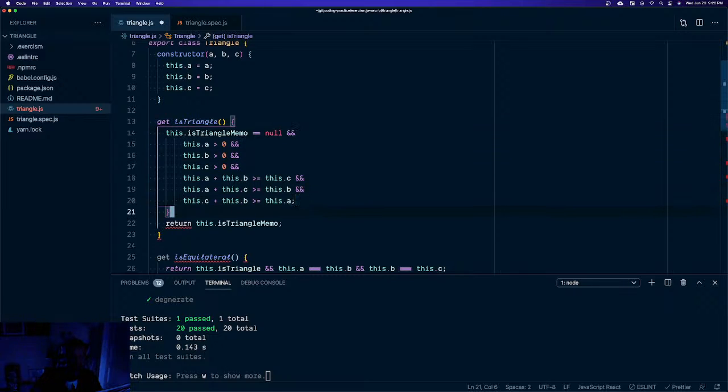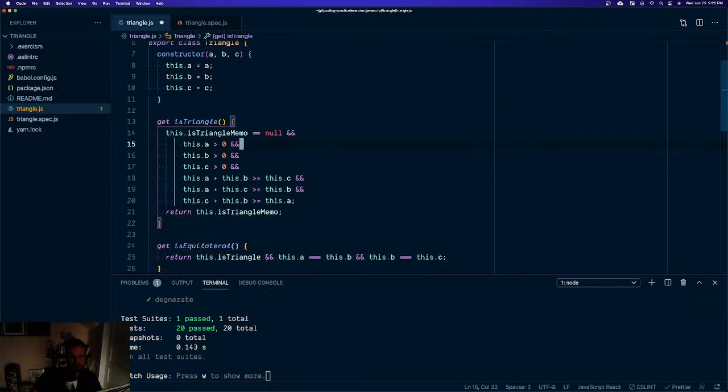If I do this, if this is, oh, I can do a ternary here.